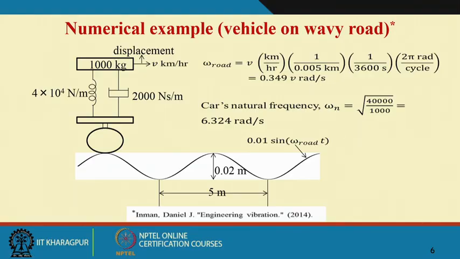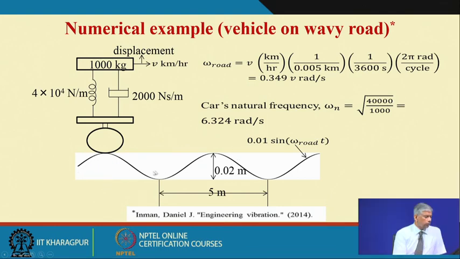This is the example which I was going to show you. This is from the book by Inman. There is a wavy road, and the distance between these valleys is 5 meter, and the peak to peak amplitude is 0.02 meter.